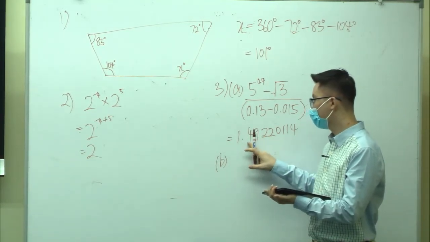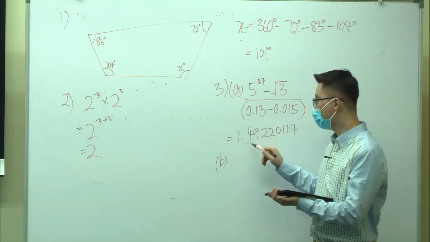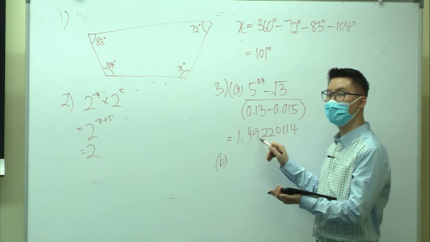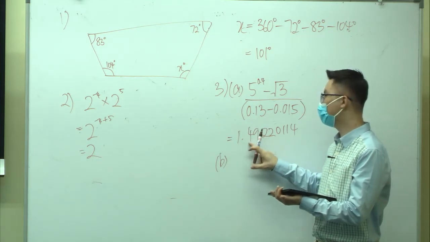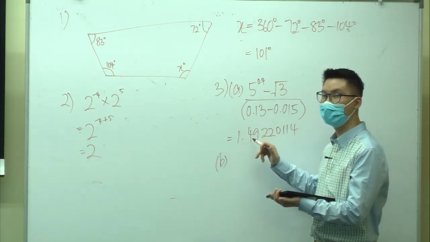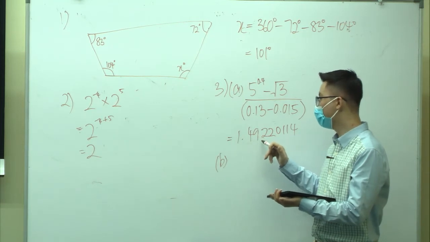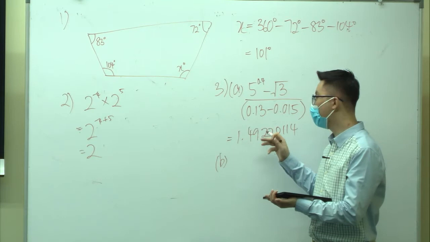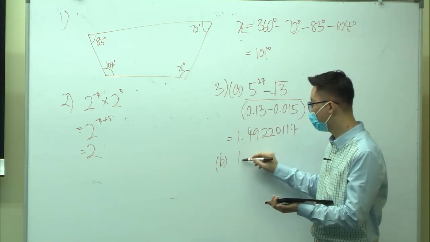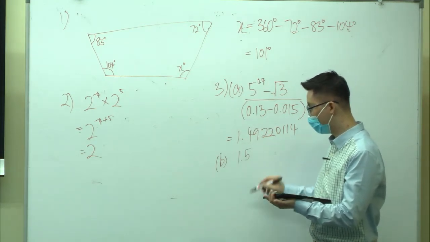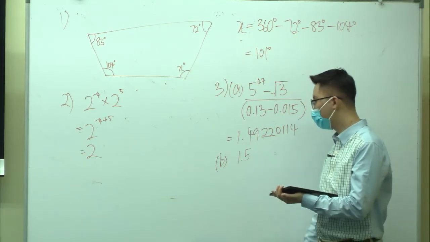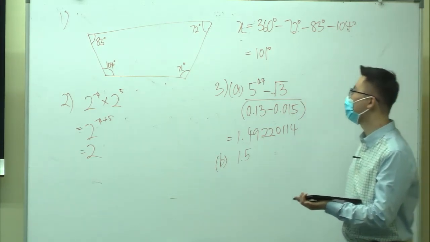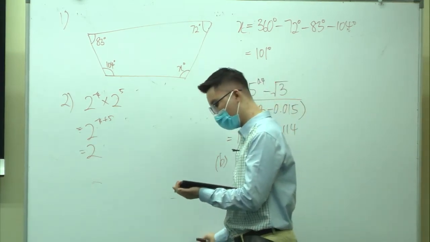Then we stop here. But look at the next digit to identify whether you need to round off or not. Here it is 9. If it is 5 or more, you need to round off. Now it becomes 1.5. That's all. 1.5. Now we go to question 4.